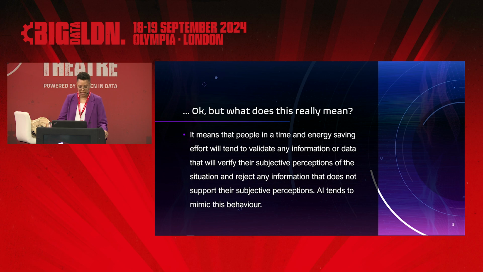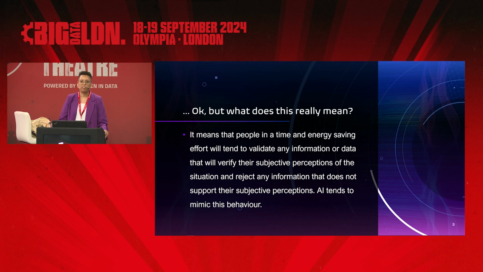Well, it means that we as people, in an energy and time-saving effort, will tend to validate any information or data that will verify our subjective perceptions of the situation and reject any information that does not support our subjective perceptions. Now, this can be a time-saving tool.